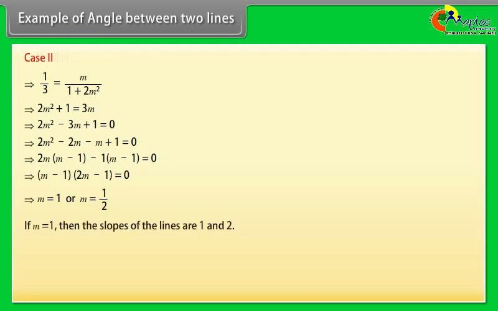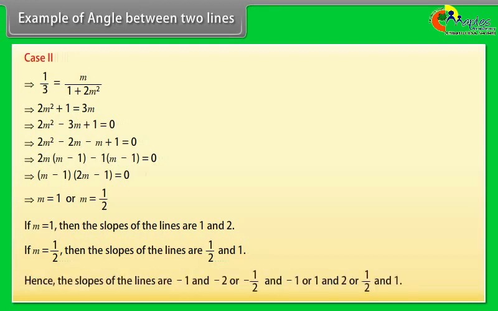If m is equal to 1, then the slopes of the lines are 1 and 2. If m is equal to 1 by 2, then the slopes of the lines are 1 by 2 and 1. Hence, the slopes of the lines are minus 1 and minus 2, or minus 1 by 2 and minus 1, or 1 and 2, or 1 by 2 and 1.